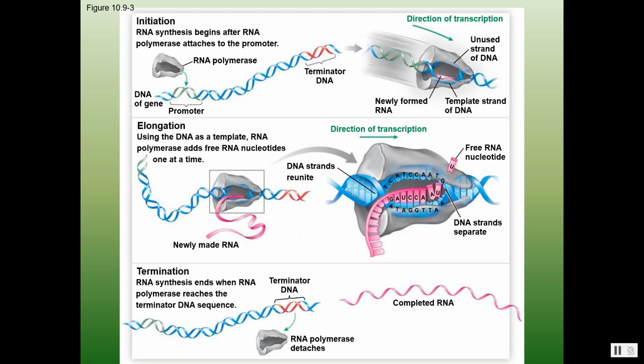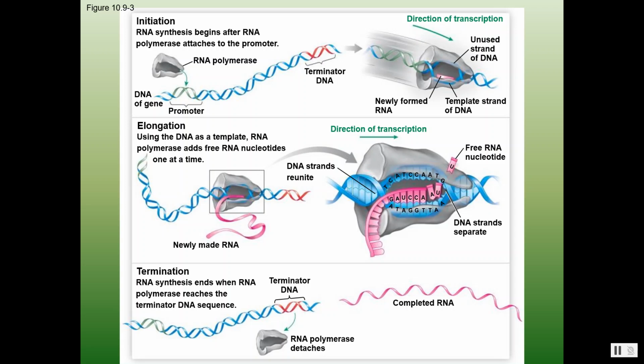So this is a little bit more of a complete picture. You'll notice that the RNA polymerase still binds to the promoter. It opens up the DNA so it can expose the template strand. In the middle, you see elongation. You'll see the little pink free RNA nucleotides coming in and pairing up: GA, AT, UA, CG, etc. Right, as it sort of reads down, and when we get to the end, the termination, we hit that red terminator DNA.